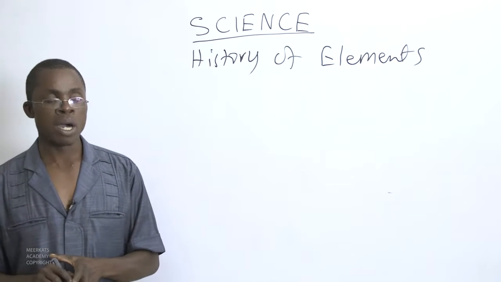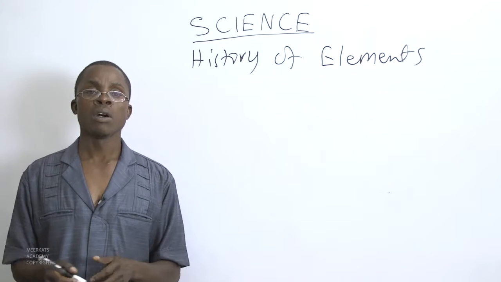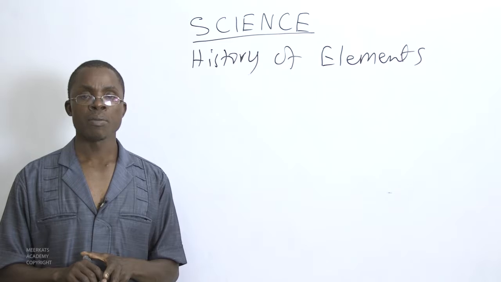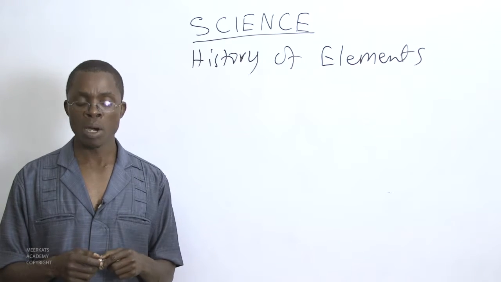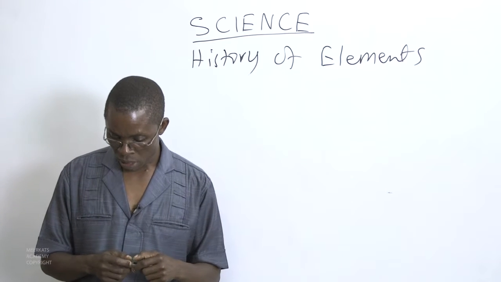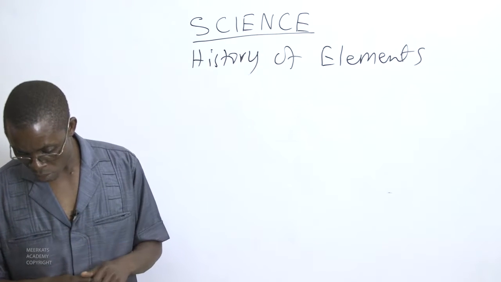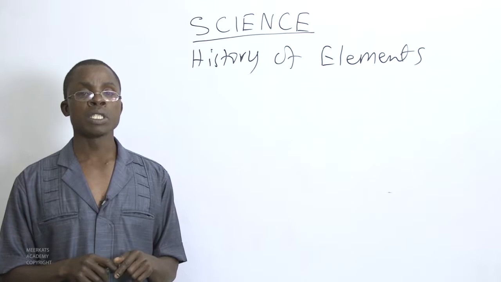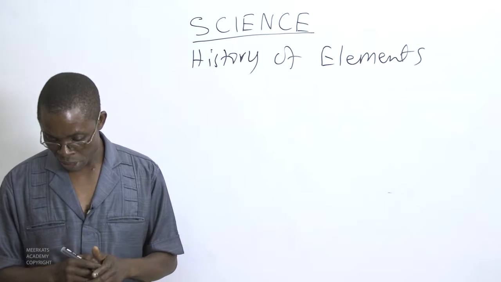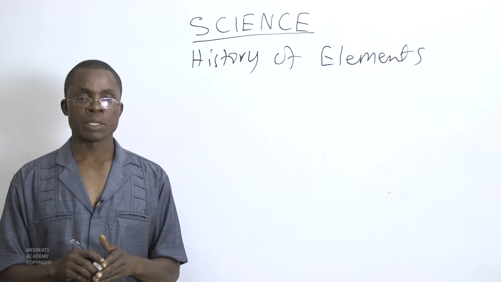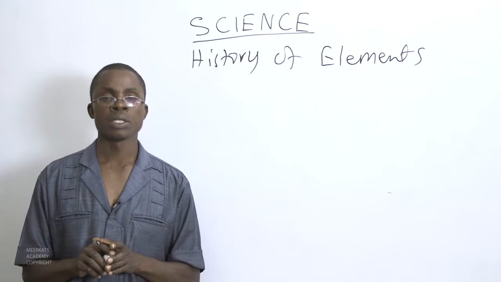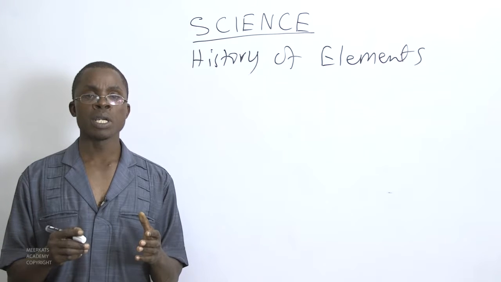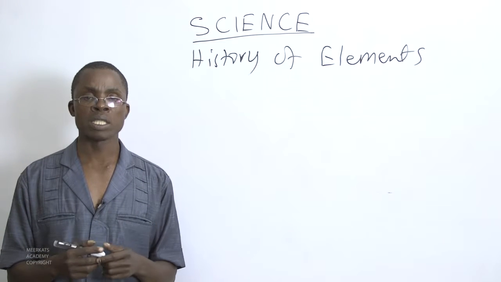So many years back, around 4060 BC, this is when some of this work began about an atom. In that era, early Greeks, most of the scientists by then were Greeks, came up with an idea of what is an atom.